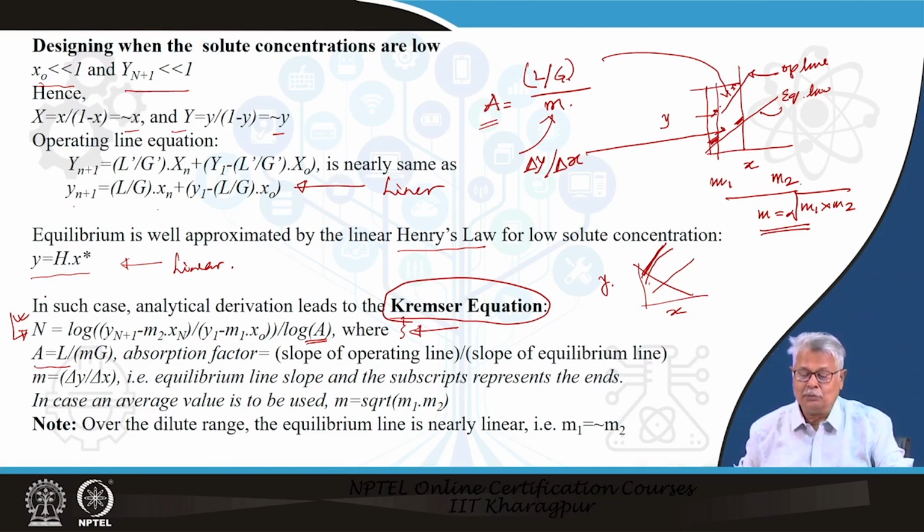Quite naturally we will see that in the diagram that we have there, our operating line is rather curved, but the equilibrium line is fairly linear. So even if we try to use the Kremser equation over there, we will find that it gives us an approximate value of the number of stages.